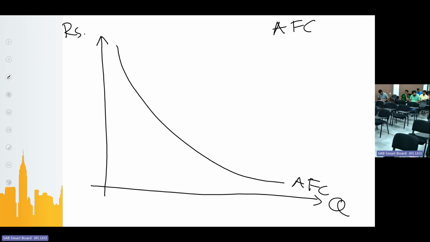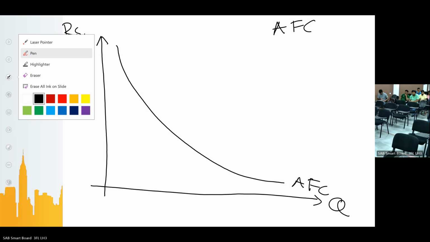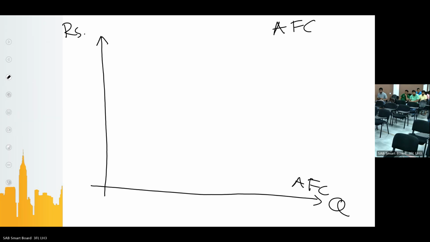We saw that the slope of those straight lines is continuously getting flatter, which means average fixed cost is continuously decreasing. It has a hyperbolic shape.